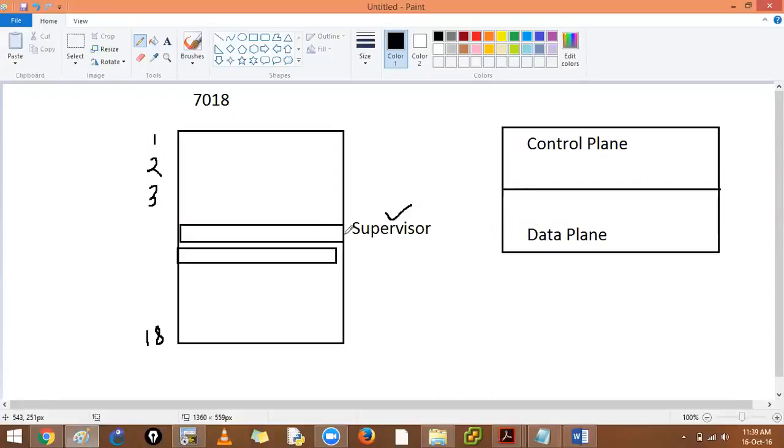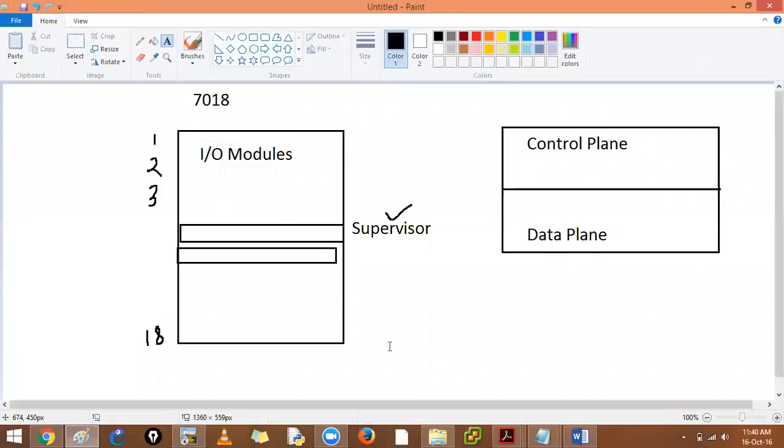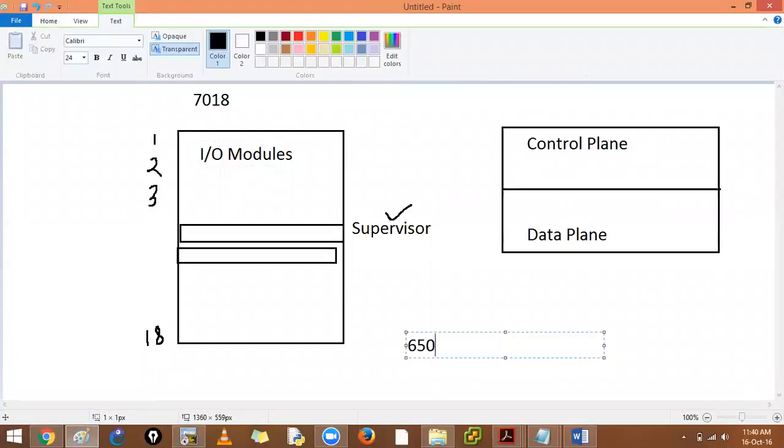So there will be at least 2 supervisor modules for redundancy, and all the others will be your data planes or your IO modules, you can say. Input output module. Getting it?